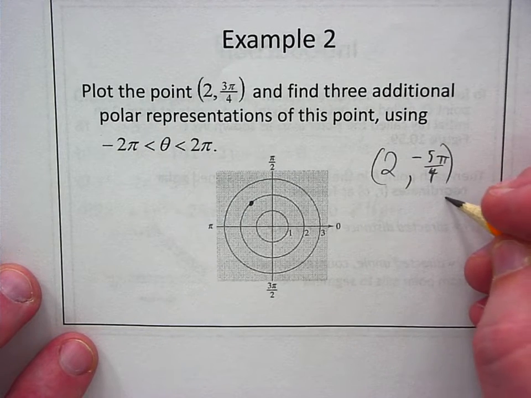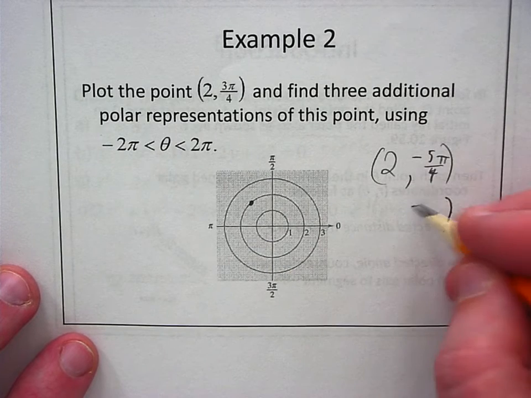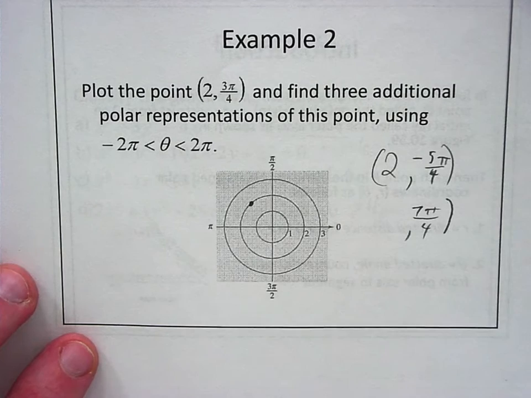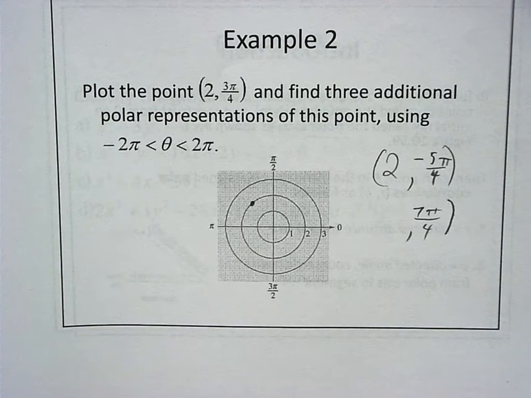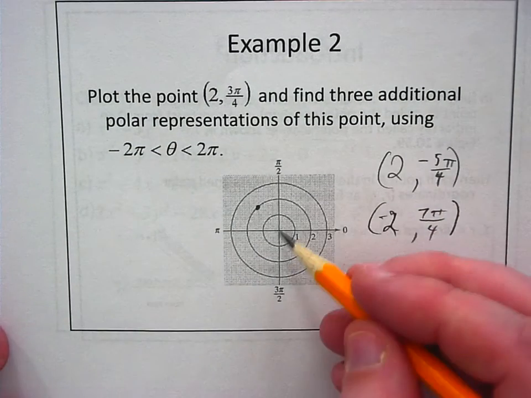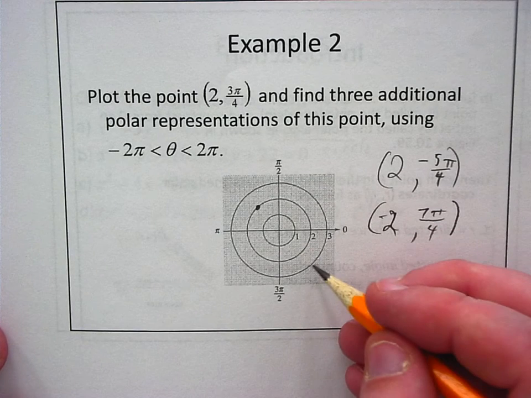What if I overshot and accidentally went to 7 pi over 4? Without traveling any more rotation, how could I get back to that point? Negative 2. Negative 2 just means you go in the opposite direction of what this is indicating. So 7 pi over 4 indicates the fourth quadrant.